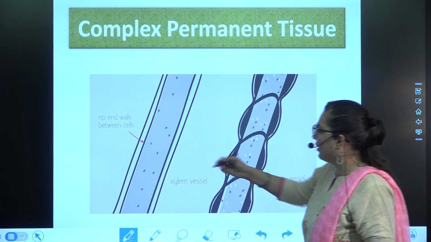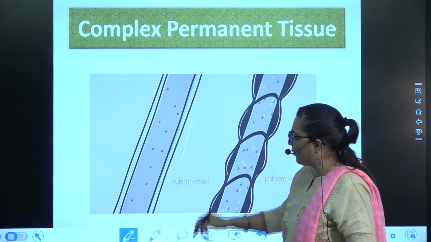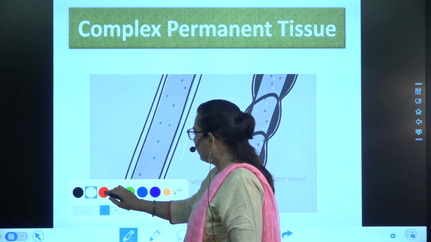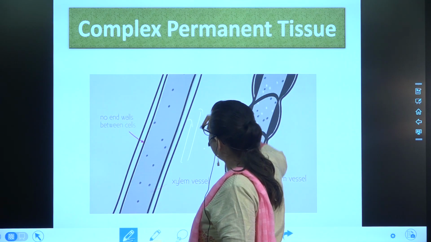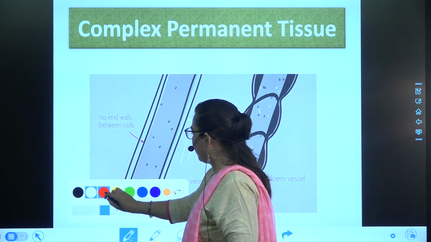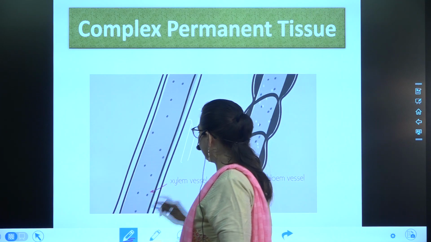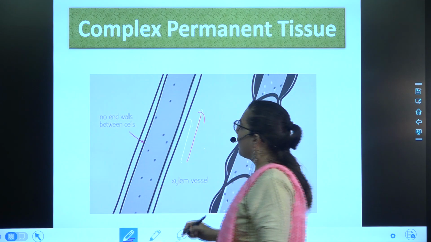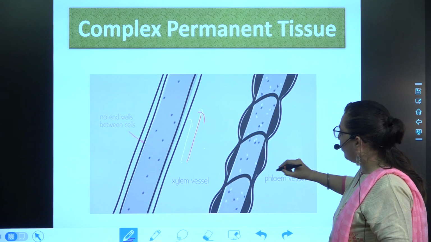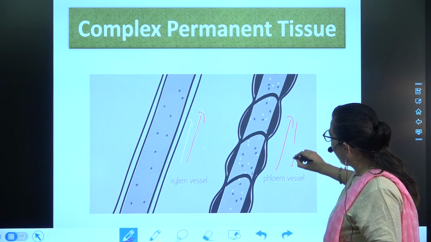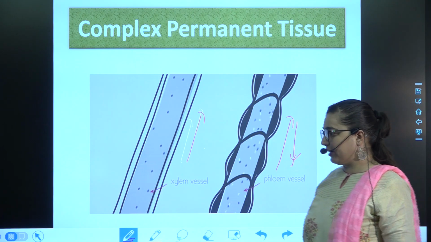You can see that over here the conduction is only in one way, in the upward direction, while in phloem it is in the upward as well as the downward direction.